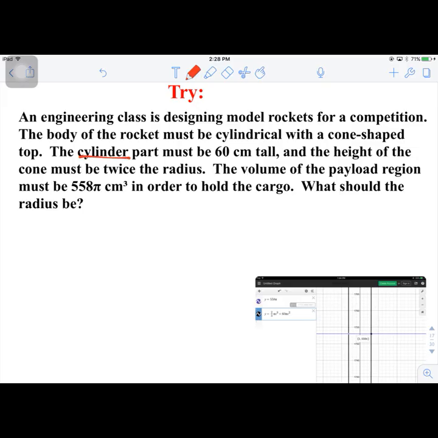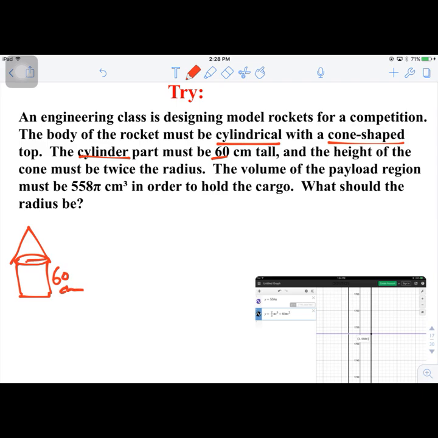This one is describing again a composite figure with a cylinder part and a cone-shaped part on the top. So here is the cylinder part, and then we have a cone shape on top. So notice that the cylinder part is given with a height of 60 centimeters, and the height of the cone must be twice the radius.